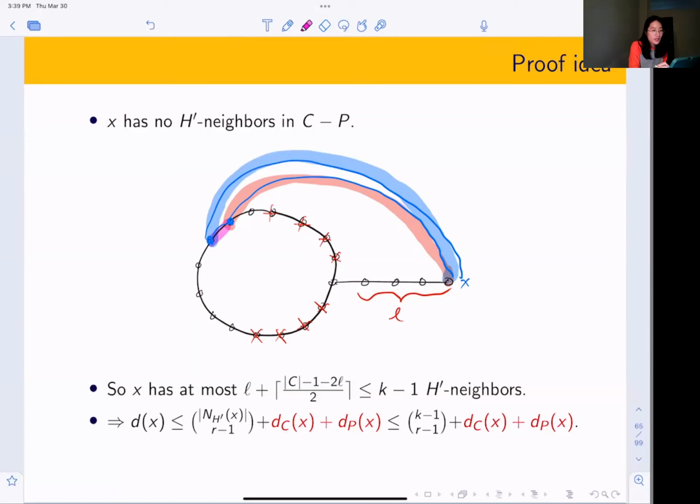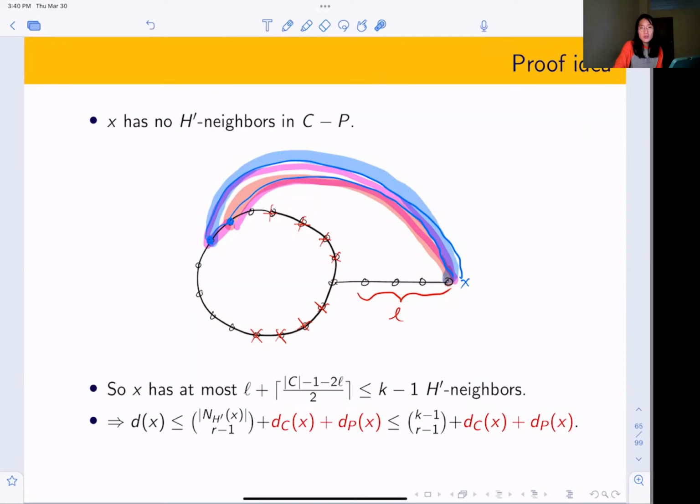And then if it does contain X, then I can now take this edge and then go back using the H prime edge. And so using the same arguments as before, we have that the number of H prime neighbors is going to be strictly less than k.